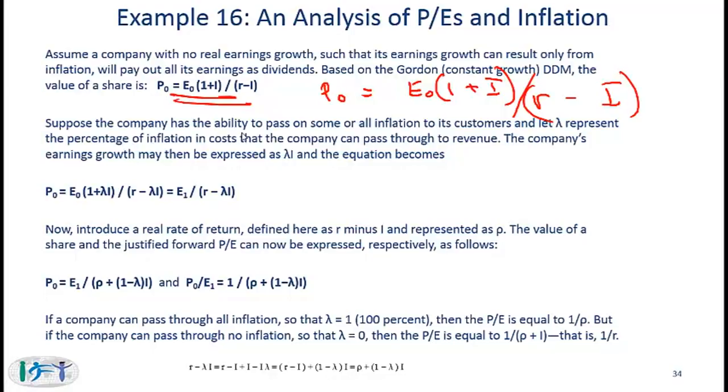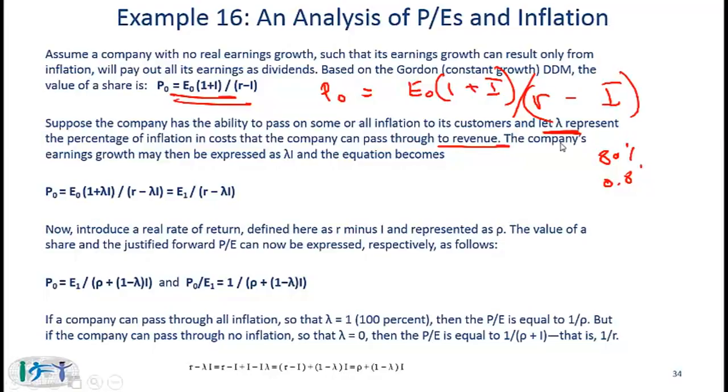Suppose the company has the ability to pass on some or all inflation to its customers, and let lambda represent the percentage of inflation in costs that the company can pass on through to revenue. In other words, let's say that there is a certain inflation rate. If lambda is 80% or 0.8, then this is saying that for every dollar increase in input prices, a company can pass on 0.8 to customers.